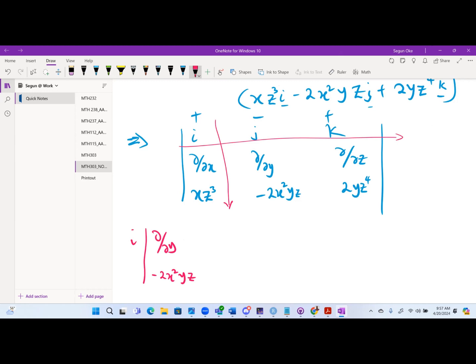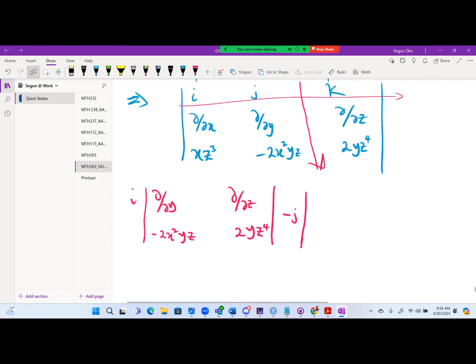Then we have d/dz, 2yz^4. Minus j. For minus j, remember the i row will be crossed out, the i column will also be crossed out. So I will release this one to deal with this one.